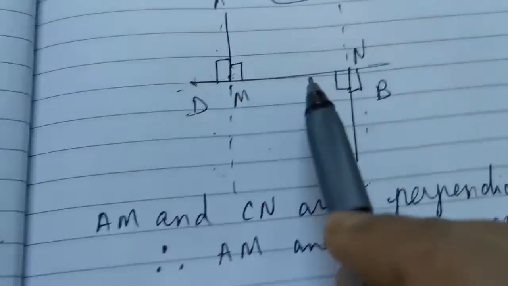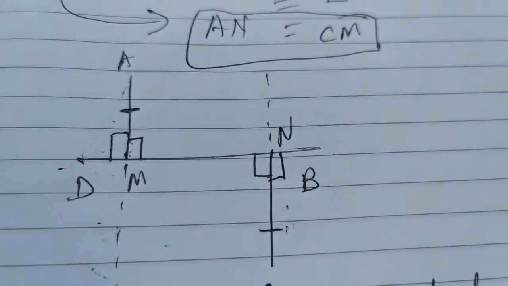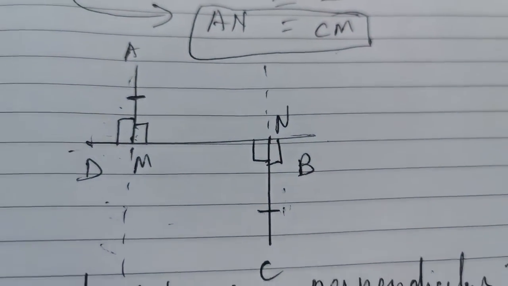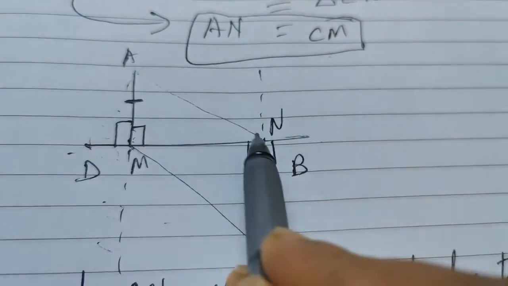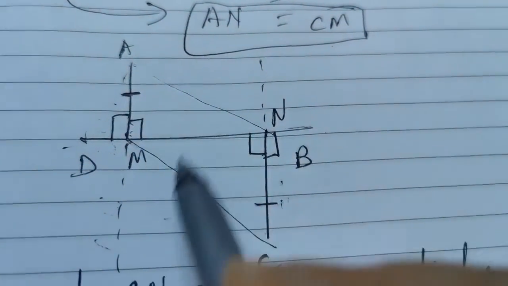Now we also know that AM and CN are equal. So the lines joining them, AN and CM, will also be equal and parallel.